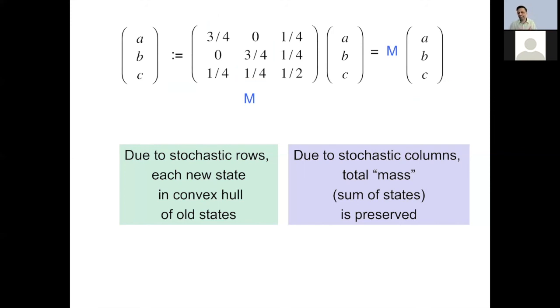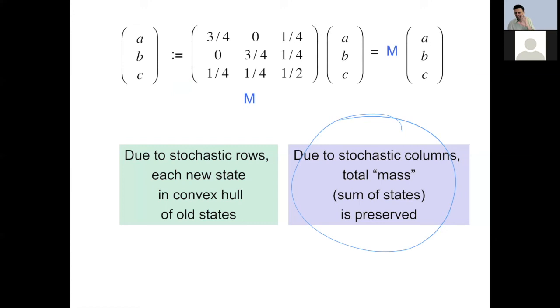So now, if all the values are becoming equal, meaning you're achieving consensus somehow, and the total mass is preserved, then the consensus value has to be the average of the initial values. So if my columns are stochastic, and if I can prove there is consensus, then I get the claim that the consensus is on the average for free.